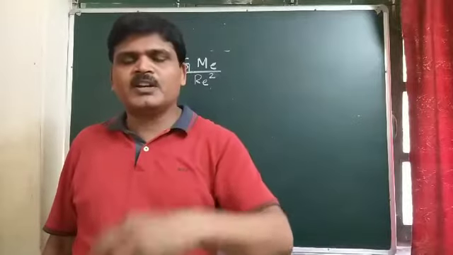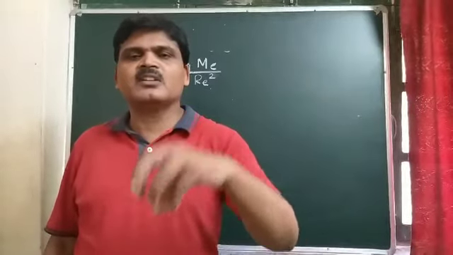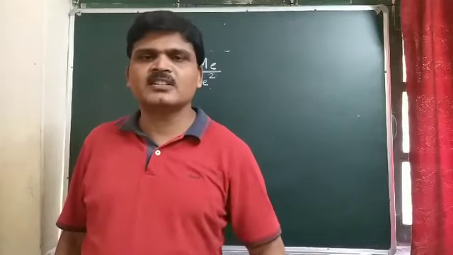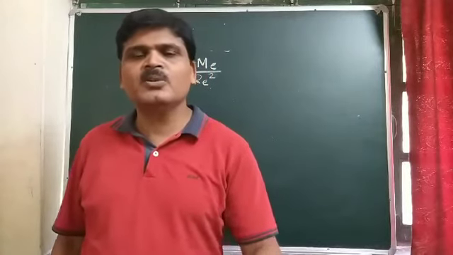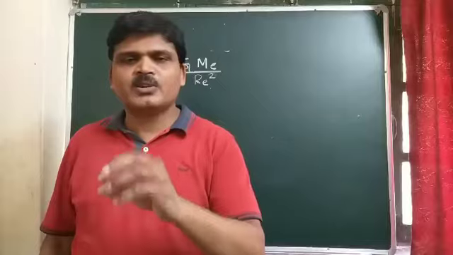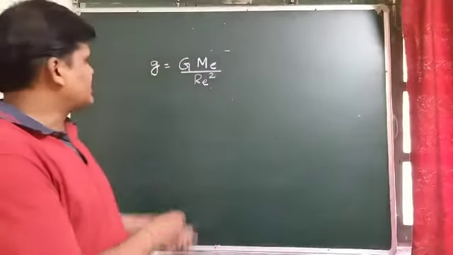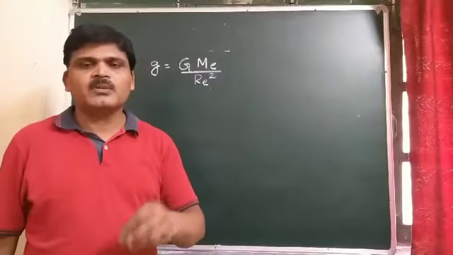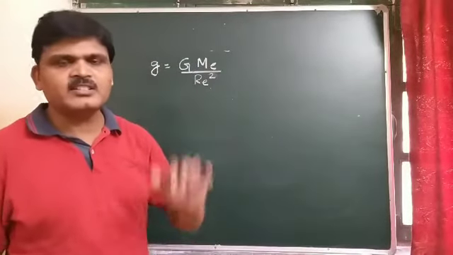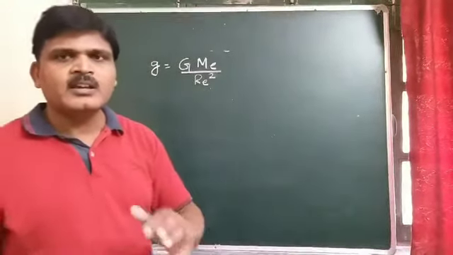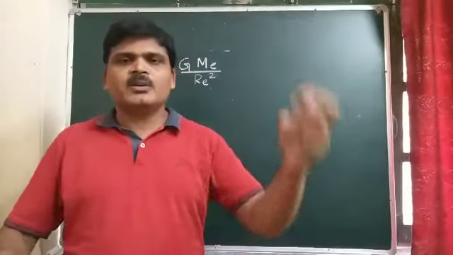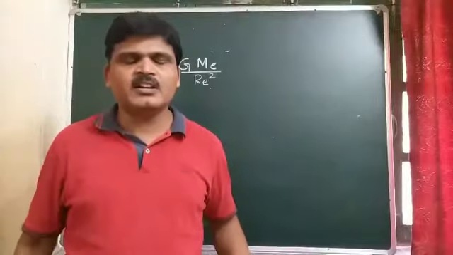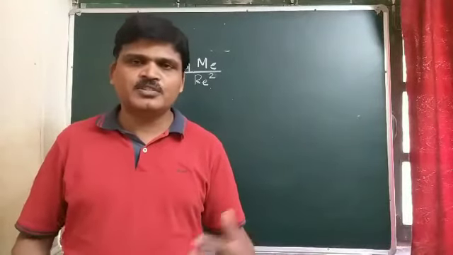So all objects which fall freely towards the earth are uniformly accelerated, and this acceleration is known as acceleration due to gravity. So we can say that acceleration due to gravity does not depend upon the mass of the falling object, and if the air resistance is negligible, all objects which fall from the same height simultaneously will reach the ground at the same time.